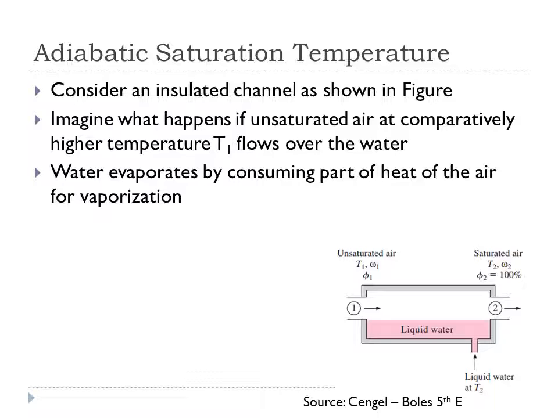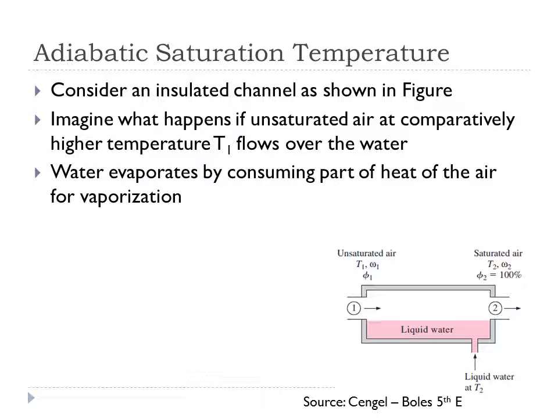So what will happen? Since the air is unsaturated, that means air still has the capacity to hold moisture, and since there is a difference of concentration of water vapor in liquid water and unsaturated air, some part of liquid water gets evaporated and that consumes part of the heat of air for vaporization.